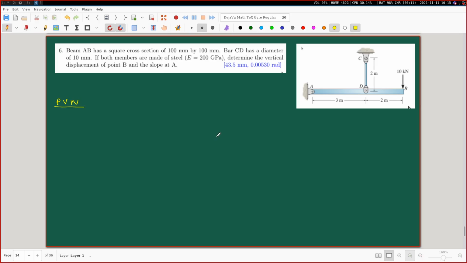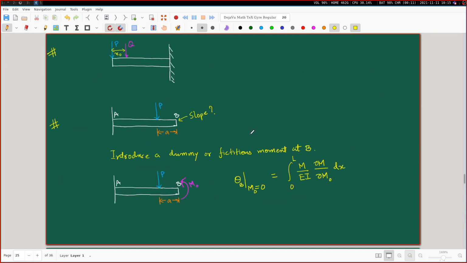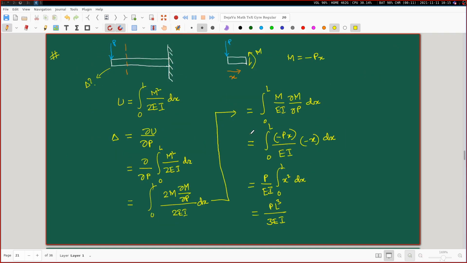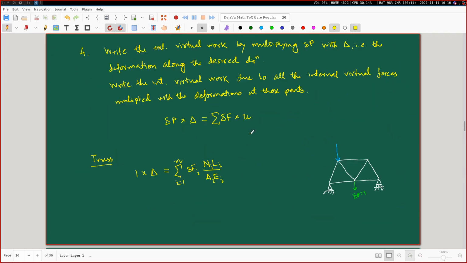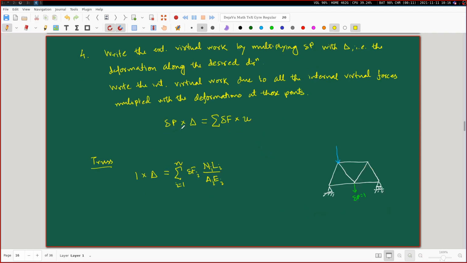So let us quickly jump back to that previous slide where we had discussed the principle of virtual work. So this one. Okay, so remember we had stated these algorithmic steps, and at the end I had written this thing that on the left hand side you write the virtual force, which will be ultimately set to be equal to 1 in magnitude.